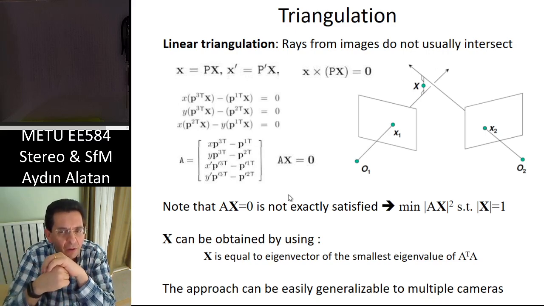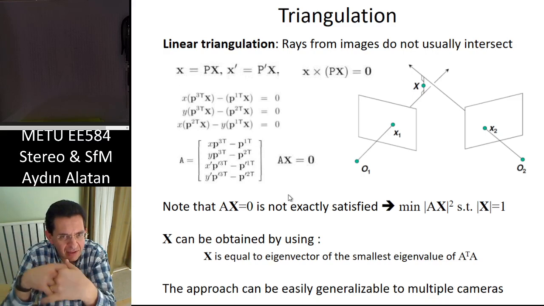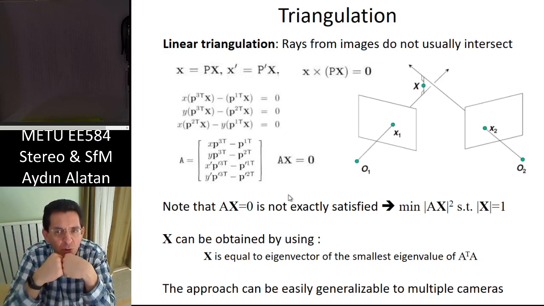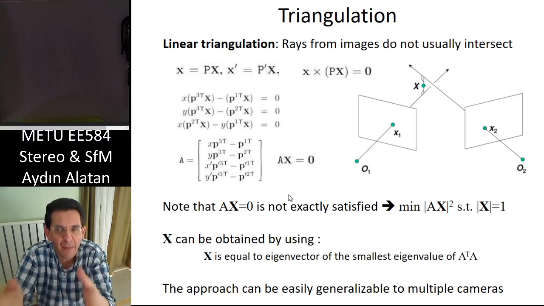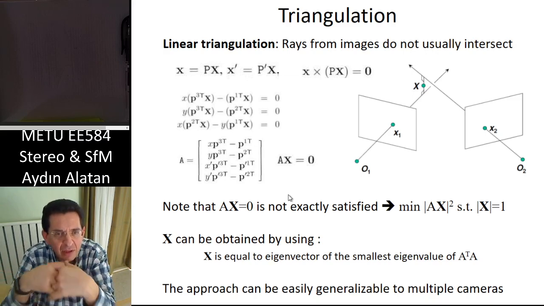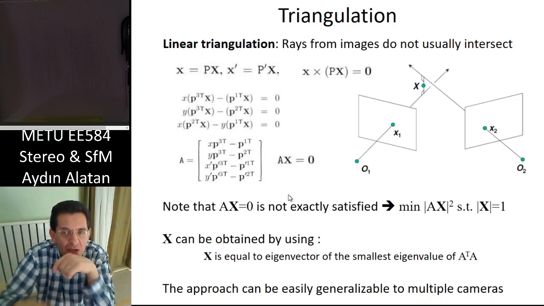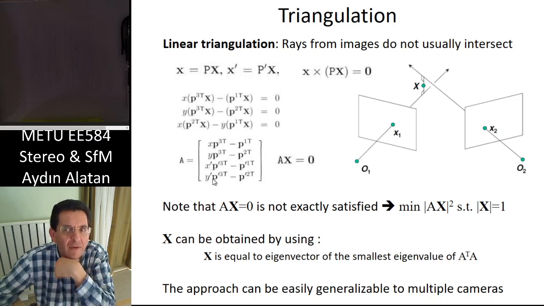An interesting point here is that maybe you see only 2 images at this point, but there could be 5 images looking at the same X, with 5 different projections. All the projections are estimated through F matrix, E matrix, calibration, whatever. Then you can just put 2 equations for every image.